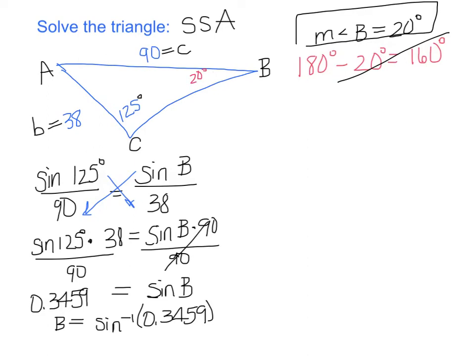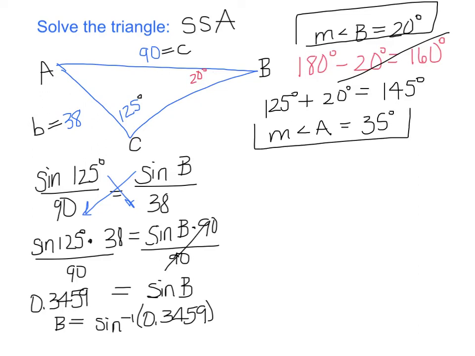And then I'm going to use that to help me find angle A. So I have 125 plus 20 degrees. So far my triangle has a total of 145, which means the measure of angle A would have to be 35 degrees so that all of my angles add up to 180.